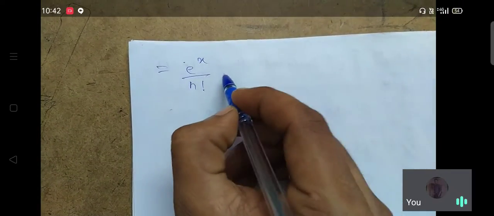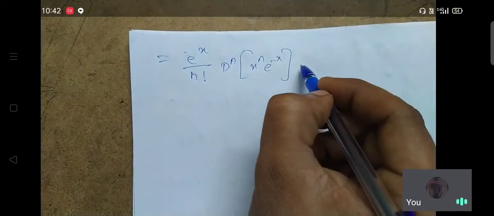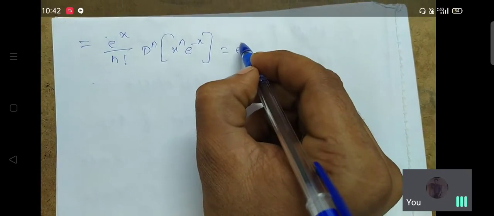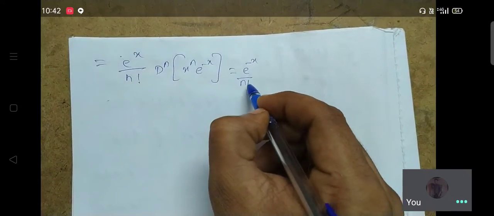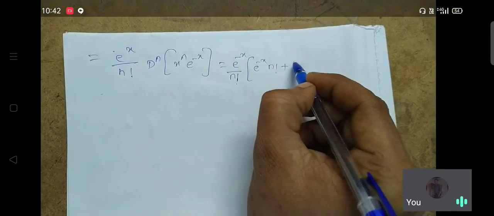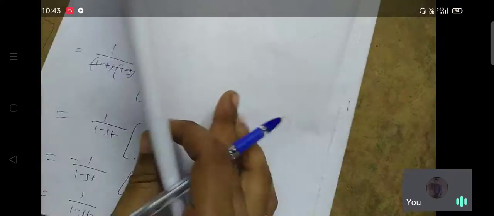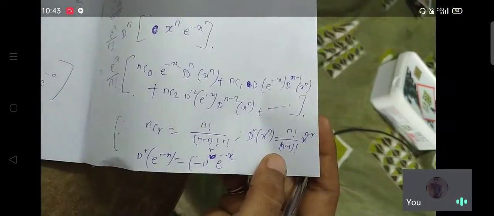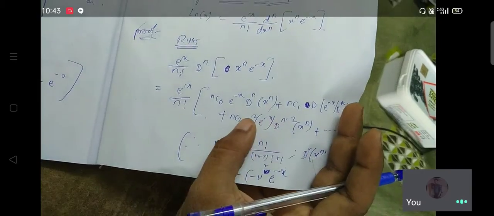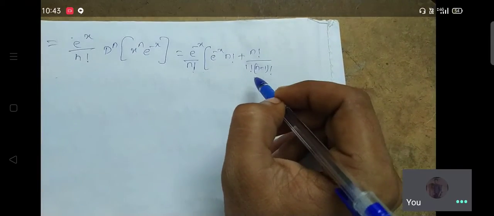So in the right hand side you have e power of x divided by n factorial into d power n of x power n into e power of minus x, which is equal to e power of minus x divided by n factorial into e power of minus x, n factorial into n factorial divided by 1 factorial n minus 1 factorial. So apply these formulas to this above expression. Okay, so by using those formulas I'm writing now.